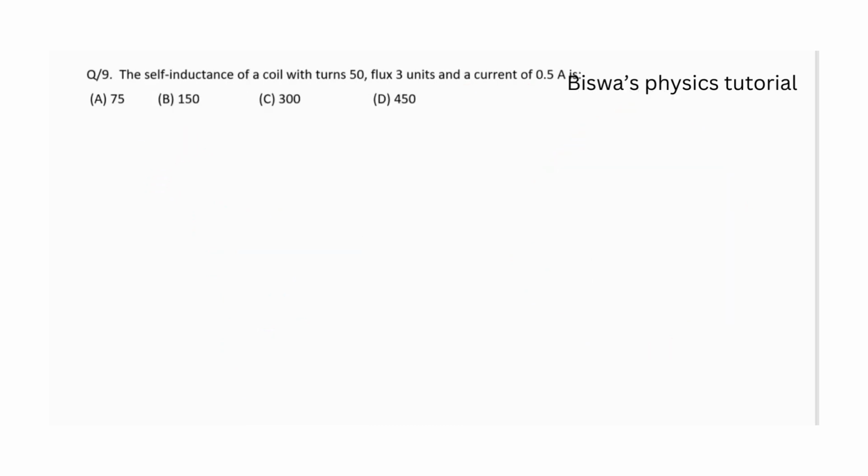Our next question is to find the self-inductance of a coil. The number of turns N is given as 50. Flux is given as 3 units, that means phi is 3, and current is given as 0.5 ampere, so I is equal to 0.5 ampere.